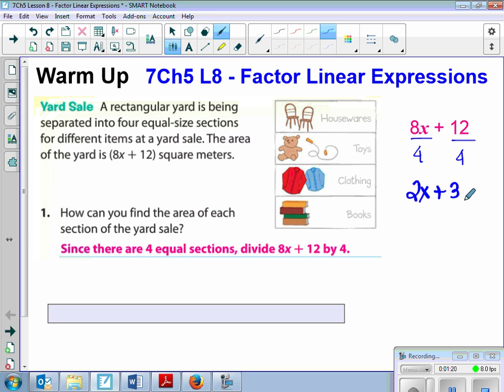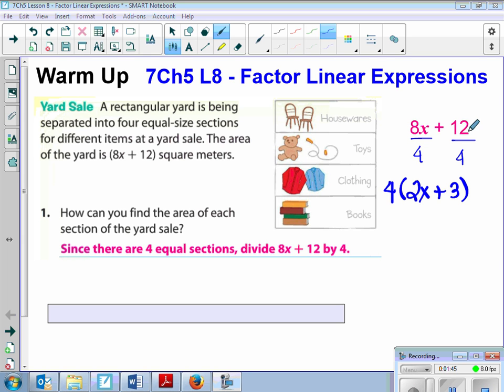Now, when you finish writing this, you're going to put what you divided by on the outside because we divided it out. In other words, we factored it out of the expression, right? So factoring it out and dividing are the same thing. So that's going to go on the outside of the parentheses.